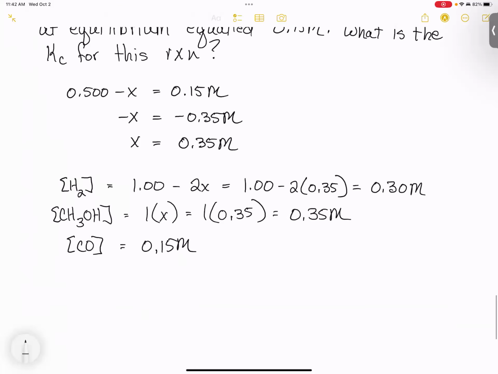Now we can develop an equilibrium constant expression. Our Kc is going to equal the product, CH3OH raised to its coefficient, divided by the reactants raised to their coefficients. So CO raised to the power of 1, H2 raised to the power of 2.